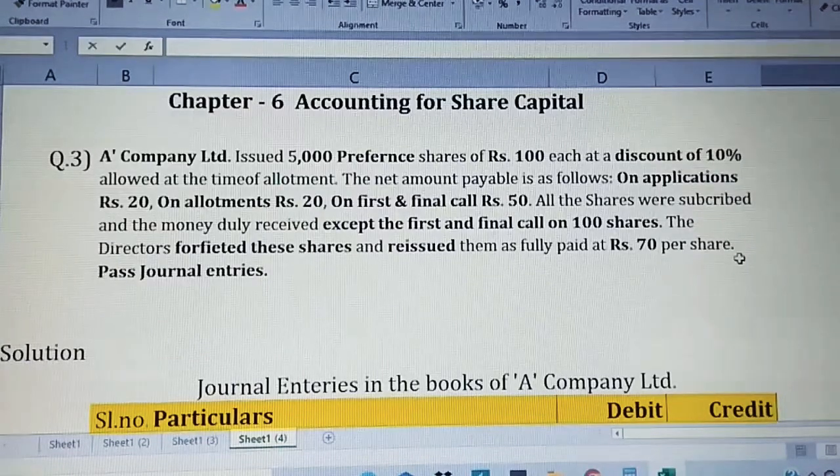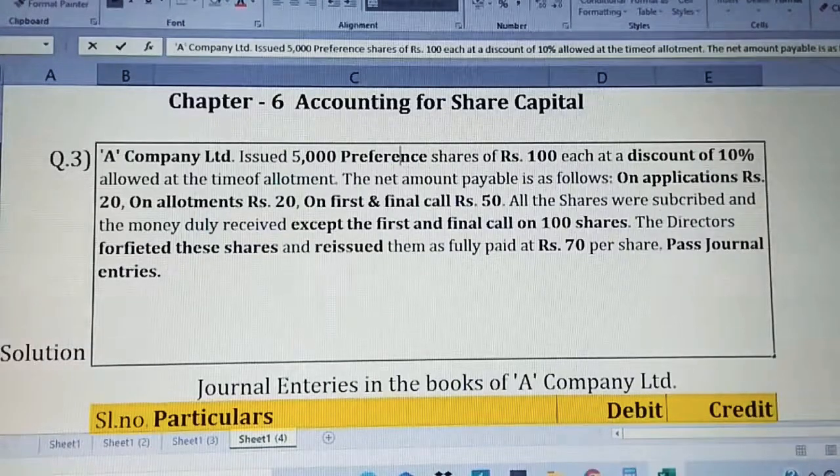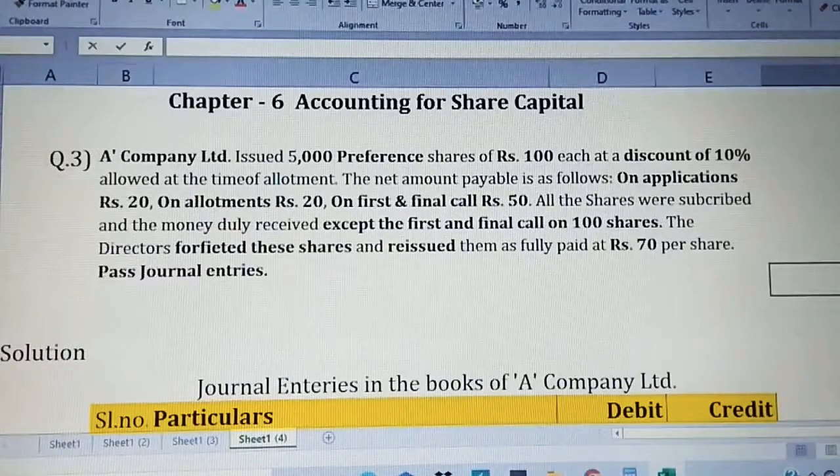So let us see. A Company Limited issued 5,000 preference shares. Just observe. In the previous video we had come across just shares, and in the first video we had come across equity shares. So here it is preference.